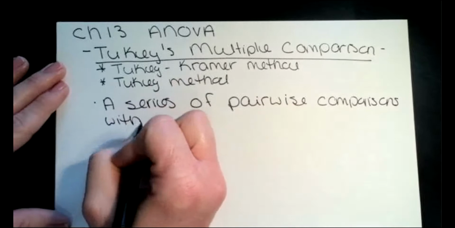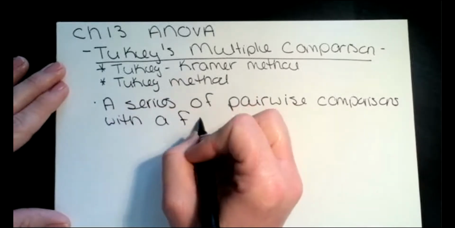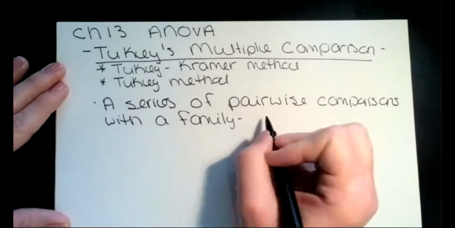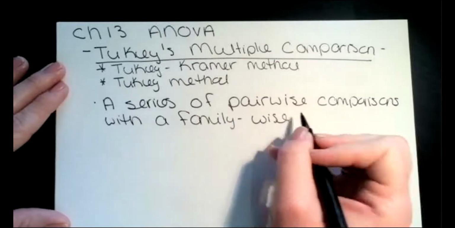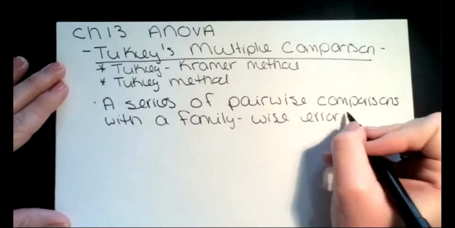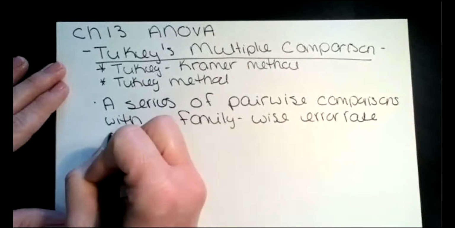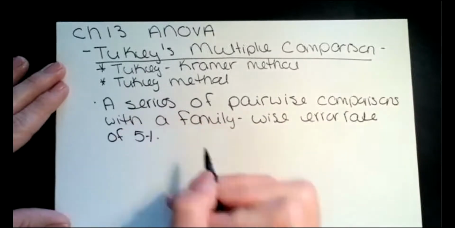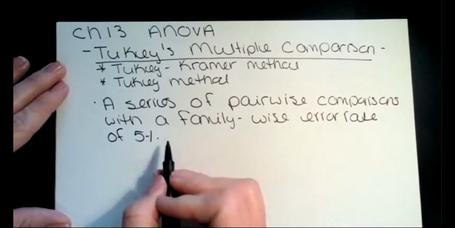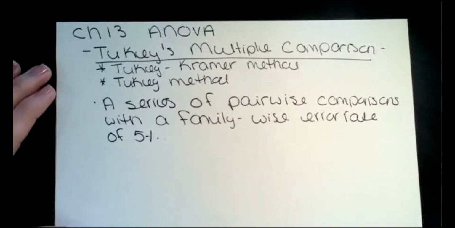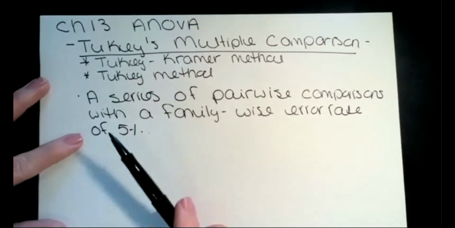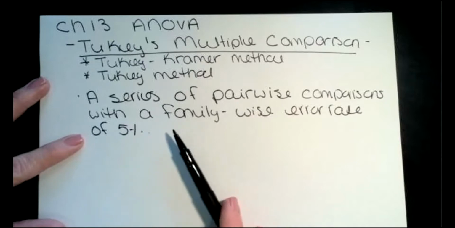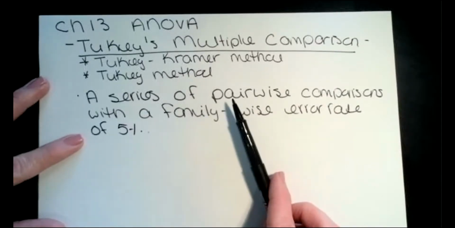And this comparison has a family-wise error rate of 5%. So what we're talking about is like our alpha here. And when I say family-wise, what I mean is that this 5% is split up for all the different pairs.